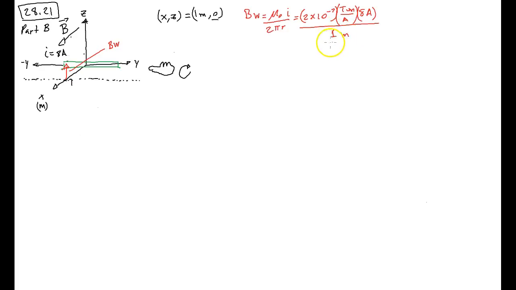Good? Now B due to just that external source, what was that one? What was B sub 0? Okay. So it's 1.5 microteslas in the i hat direction.